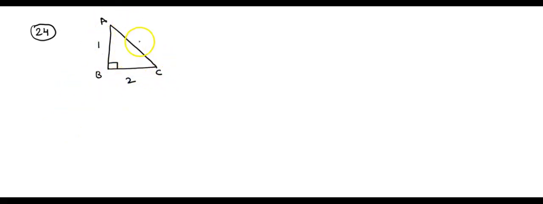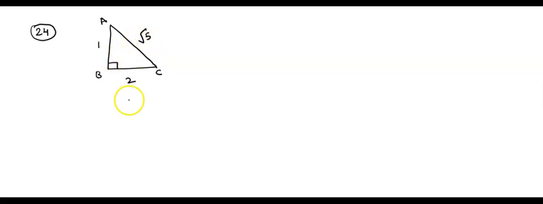Next, question number 24. As you can see here, this is our right angle triangle, named A, B and C. AB is 1 unit, BC is 2 units and AC is root 5 units.